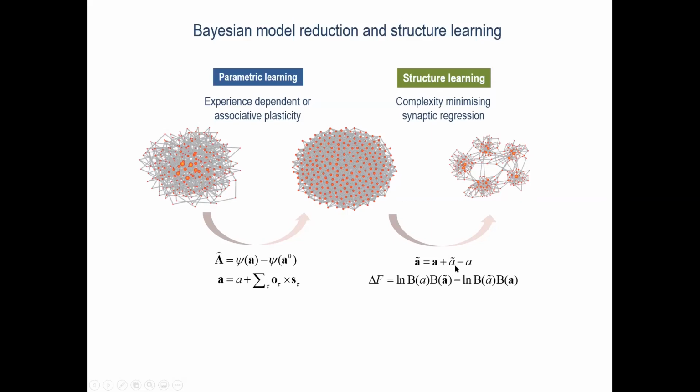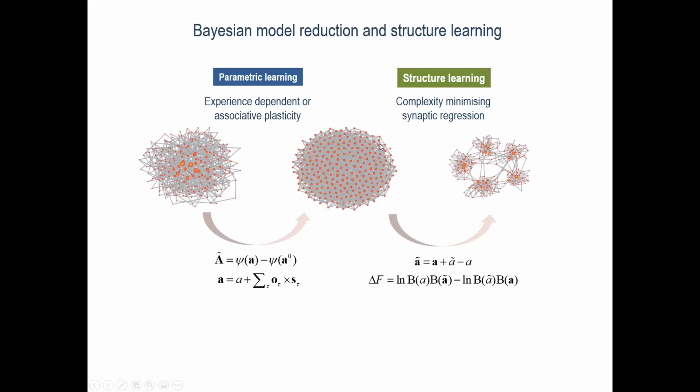And sometimes the evidence will go up, which means that you've removed a redundant parameter that was contributing only to the complexity. And sometimes the change in free energy will be in the other direction, which means that you've now compromised your ability to provide an accurate explanation.